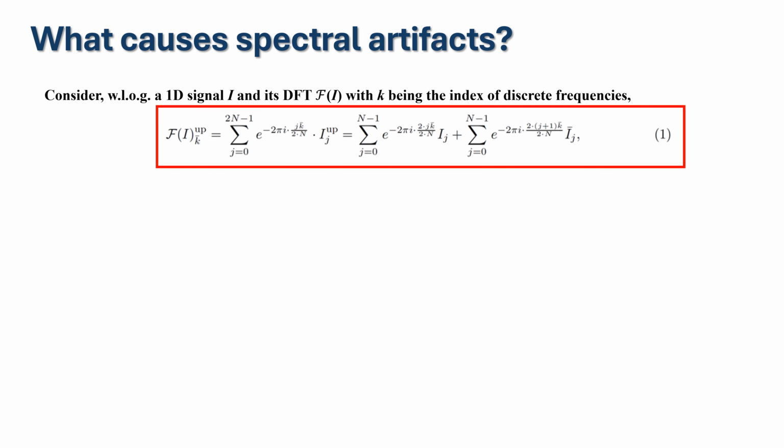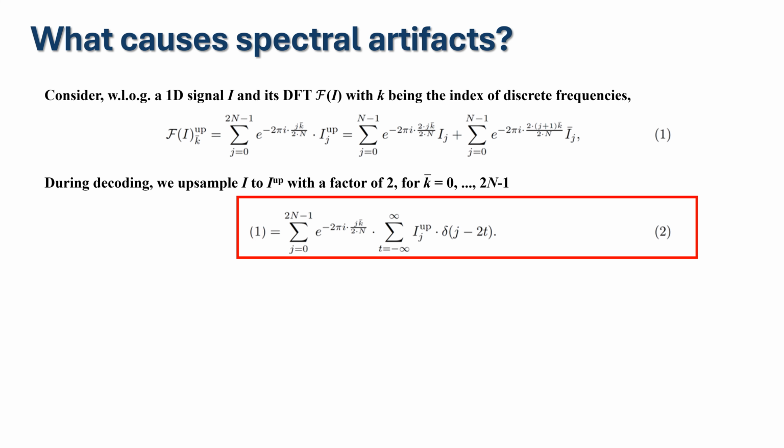Now, one might wonder what causes these spectral artifacts to occur in the first place. So, let's consider, without loss of generality, a 1D signal I and its discrete Fourier transform F of I, with k being the index of discrete frequencies. During decoding, if we upsample I to I up with a factor of 2, then for k bar equal to 0 to 2N minus 1, equation 1 equals the following.